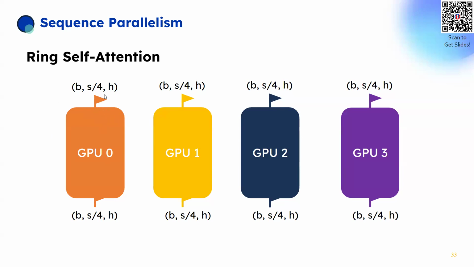I got the token key from here to match this one, and also get the token here to match the key here. Which means all the GPUs need to talk to each other. The communication cost is P squared, where P is the number of GPUs. Too high. That's not efficient.